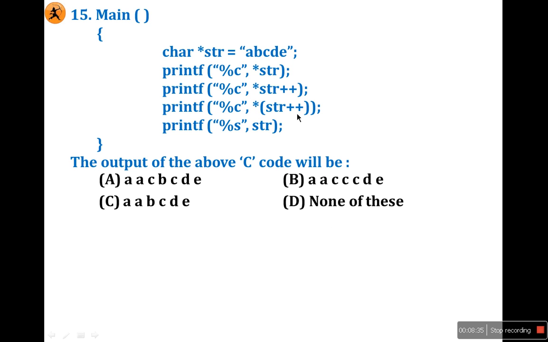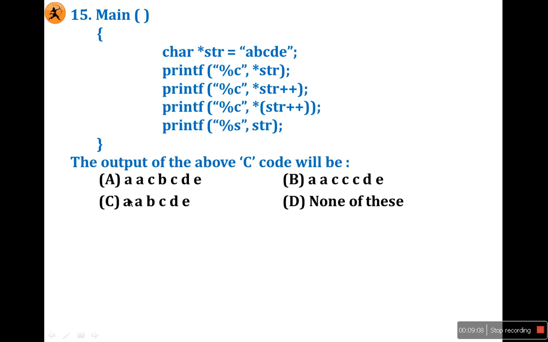Next incremented, means control is now at C position. Now prints string, remaining string is CDE, so CDE. So option is C. In examination, sometimes if you are not able to manage the time, and you are down to two options, 50 percentage, in this situation you may select C directly without checking none of these.